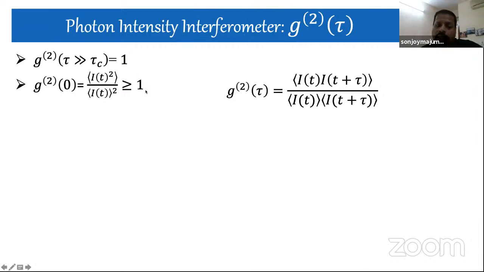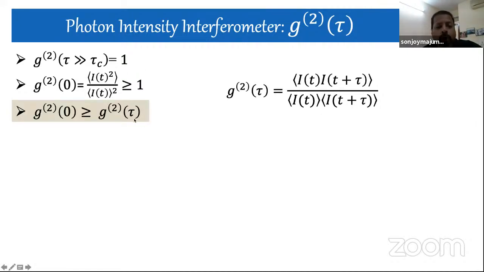This is true at the initial time, when you are looking at the source, and the way G2 is defined here, this value will be more than 1.